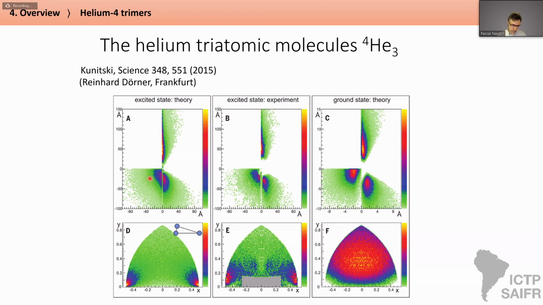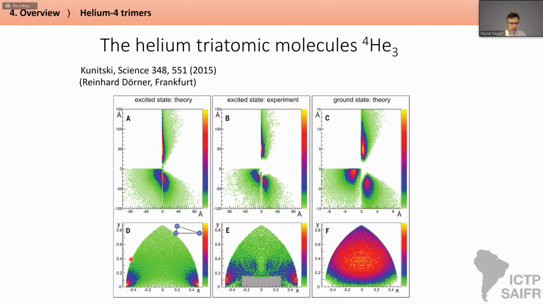Essentially we have the first atom, second atom, and third atom, something like this. And you see in this representation there's a good agreement between the theory and experiment for the excited state.